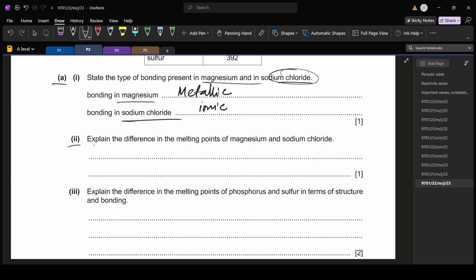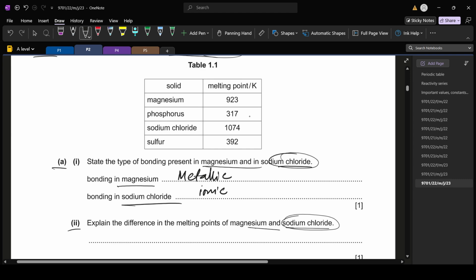Moving towards the next part: explain the difference in the melting points of magnesium and sodium chloride. If you see here, the melting point of magnesium is lower than the melting point of sodium chloride. It means that there are stronger bonds in sodium chloride than in magnesium.